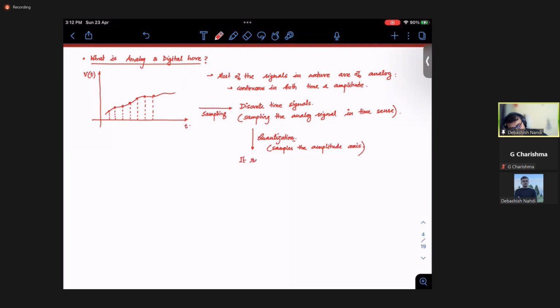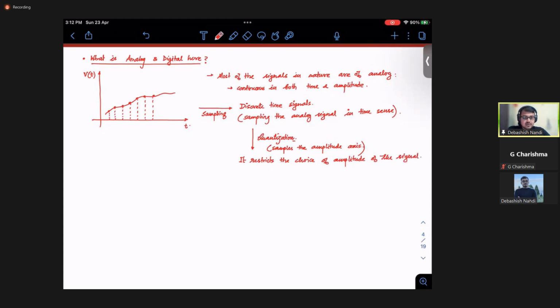So it restricts the choice of amplitude of the signal. Okay.